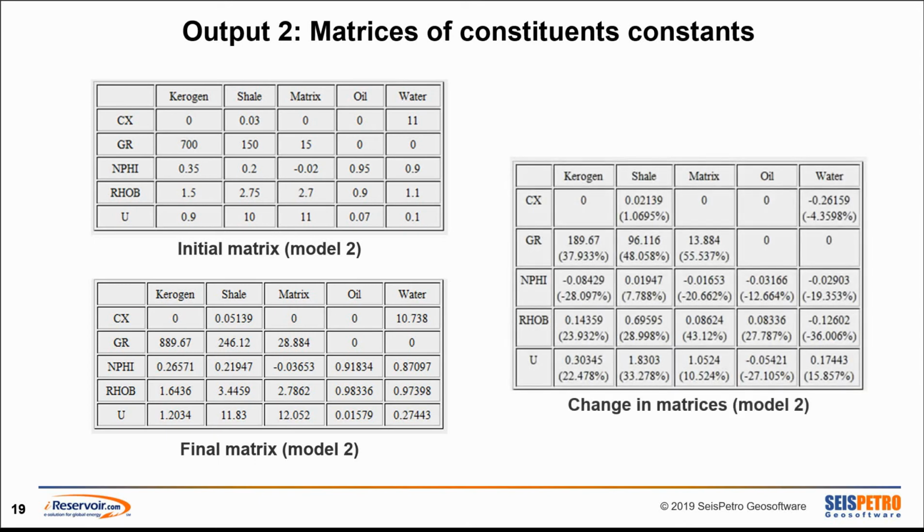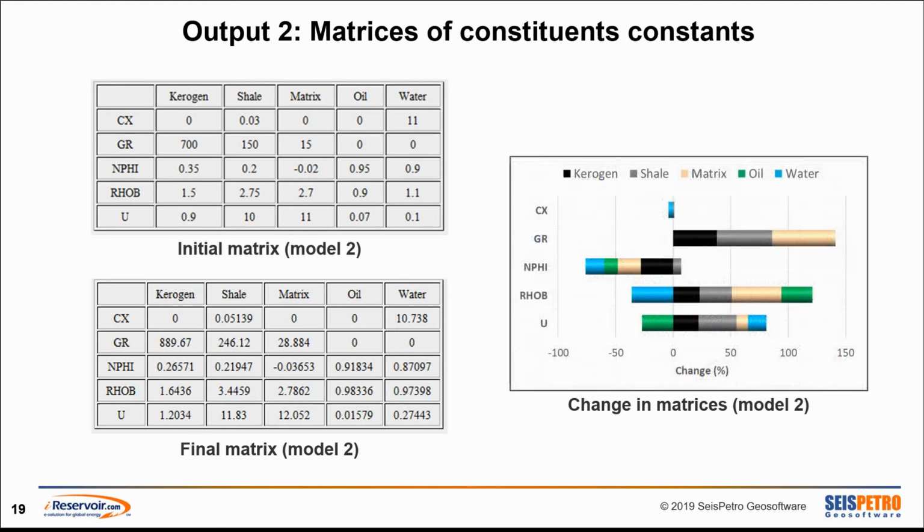These two matrices can be also compared with one another to see which parameters change, which parameters remain the same. And we could take this matrix into other programs, let's say Excel, to examine in more detail the importance of the different components and how they affect the fitting of the different logs.